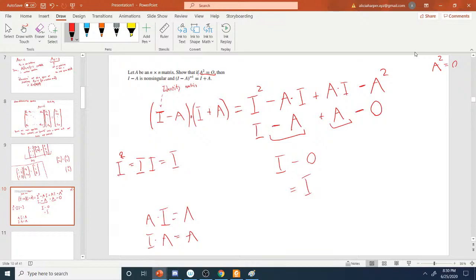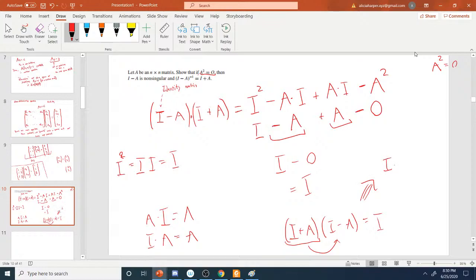So this shows that when you take I plus A and multiply it by I minus A, you get the identity matrix, which means I plus A is the inverse of I minus A. And that implies two things.